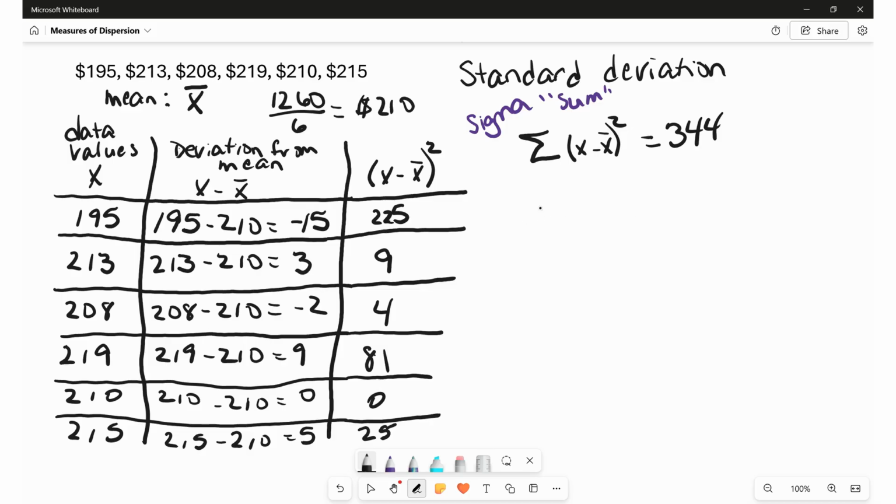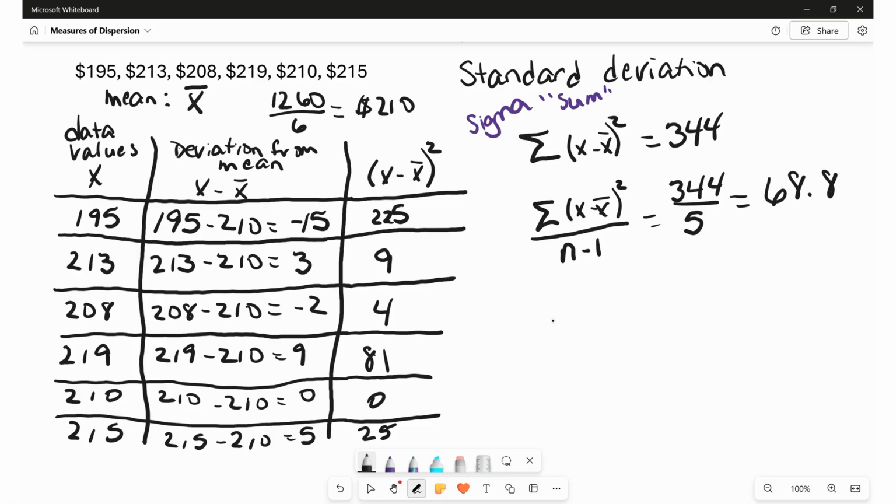Next thing that we need to do is take the sum of our deviations squared and divide it by the number of data points minus 1. So we have 6 data points. So we're going to do 344 divided by 5, which is going to give us approximately 68.8.